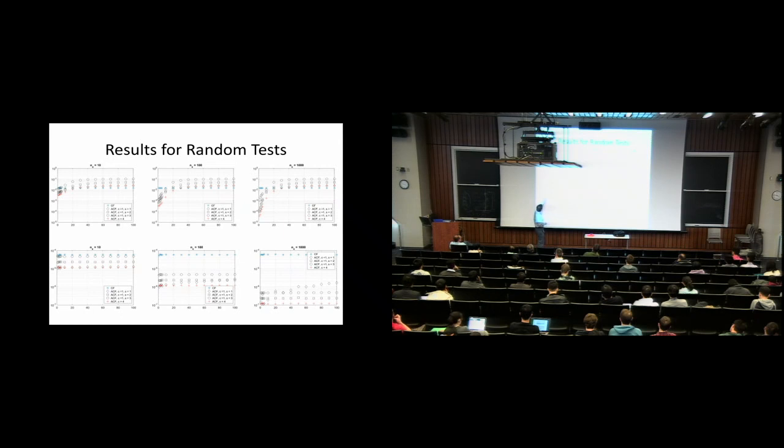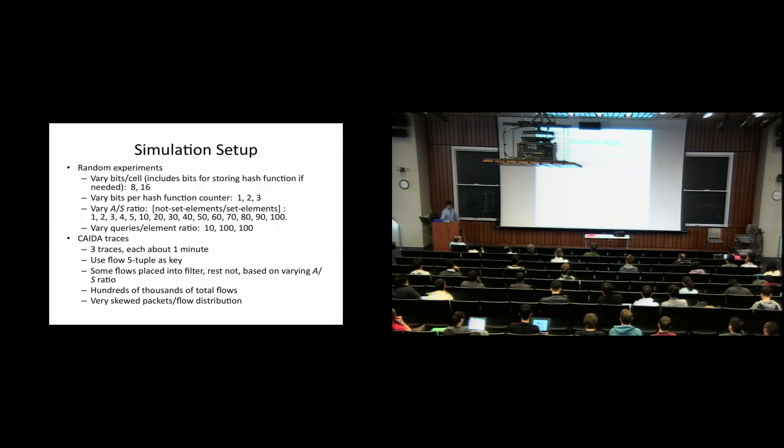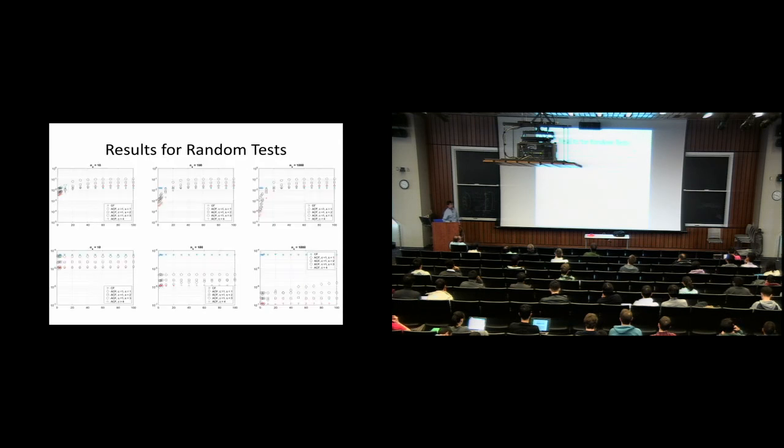So this is using the ratio of the number of non-set elements to elements as queries, the ratio 10, 100, 1,000. The top chart is using just 8 bits per cell for the fingerprint. The bottom is using 16 bits per cell as the fingerprint.